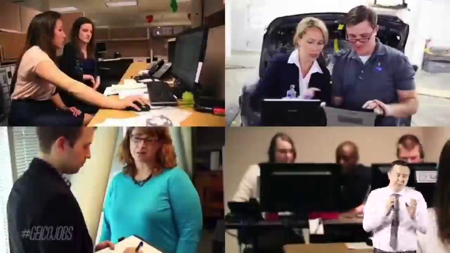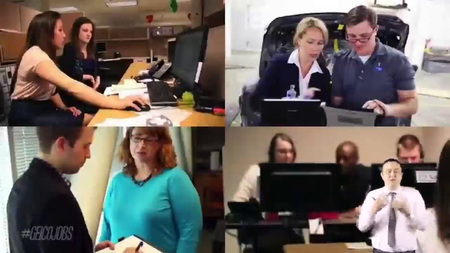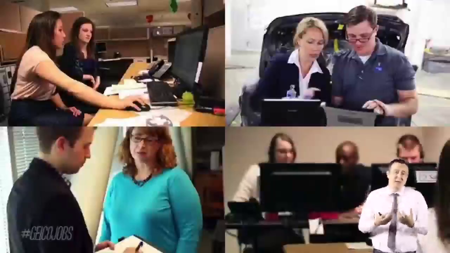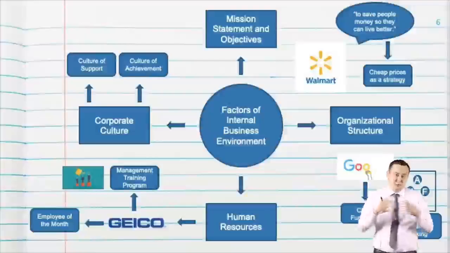For example, if everybody has to sell 10 insurance policies every month, and you sell 20, Geico will announce your name to motivate other workers. At the same time, you build a reputation in the company, and Geico also gives you a bonus system. This is the way you can build a very strong employee pool in the organization, and that's what Geico does.